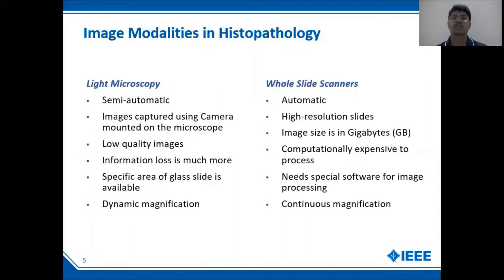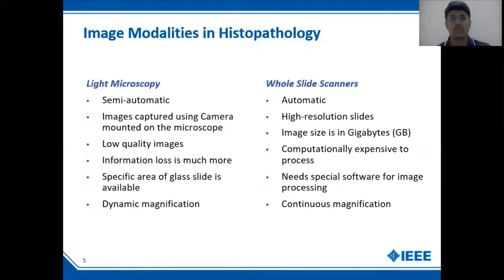Whole slide scanners have far more resolution and image quality as compared to simple camera-attached light microscopes. But microscopy is far more popular than whole slide scanners because of its prevalence since centuries. Whole slide scanners were developed in recent decades as compared to microscopes, which have existed for centuries.